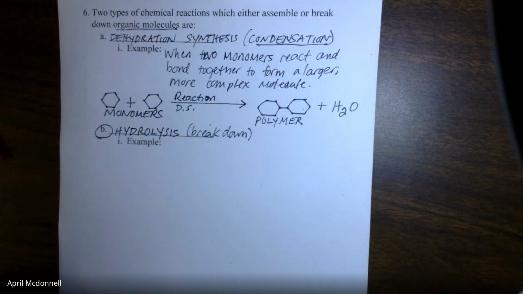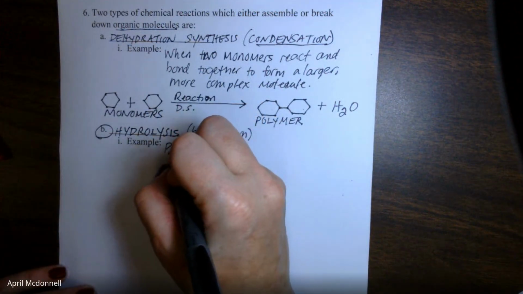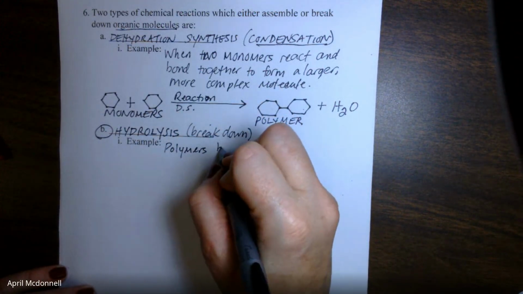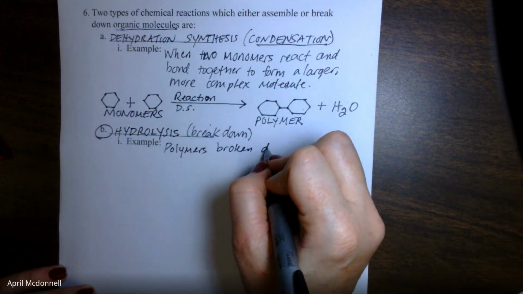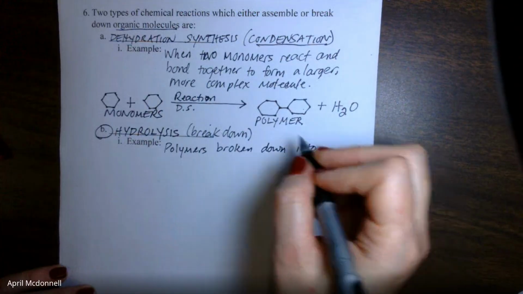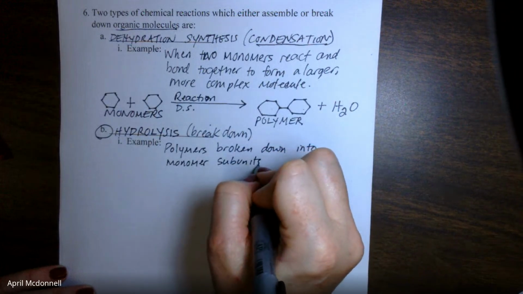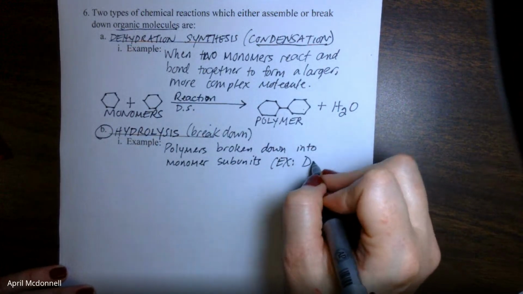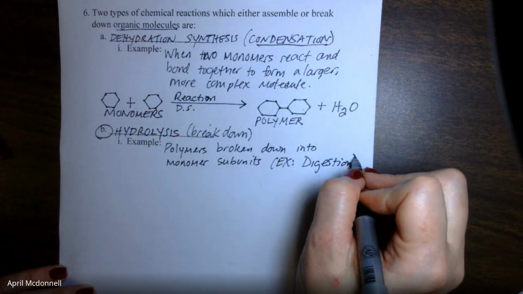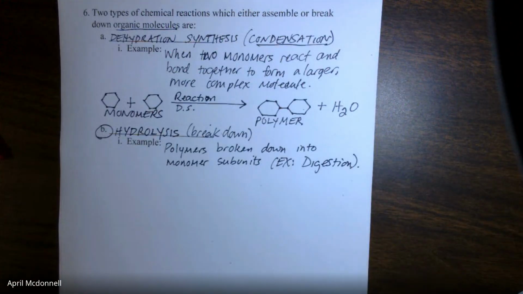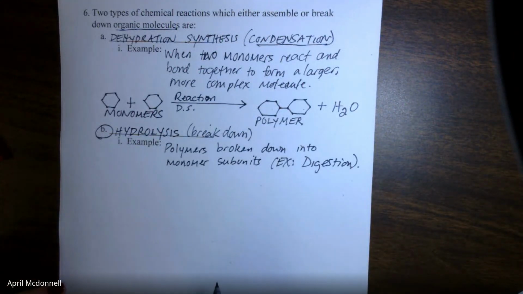So my example is going to be when we take a large complex molecule like a polymer and break it down into its individual units. Polymers broken down into monomer subunits. An example of this is digestion, when you digest your food. I am basically going to draw the opposite reaction as compared to the previous type of reaction.